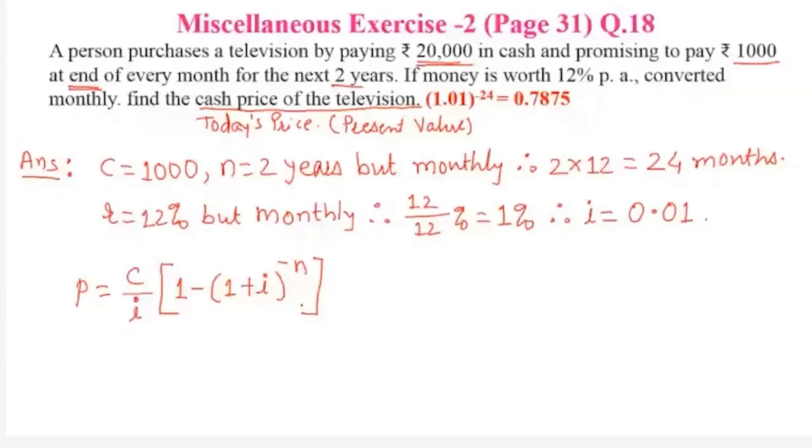चले आगे. Let's go further. P we want to find out is equal to C. C is what? 1,000 upon I. I is 0.01, square bracket open 1 minus 1 plus 0.01 raised to minus N, minus 24.